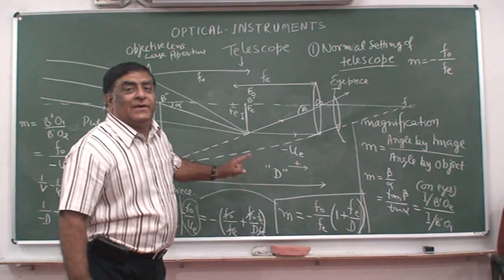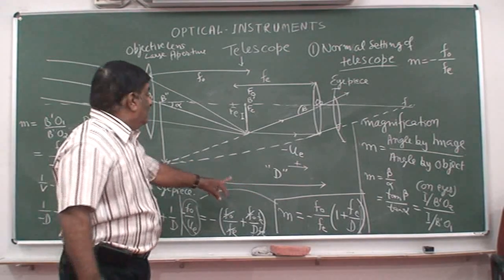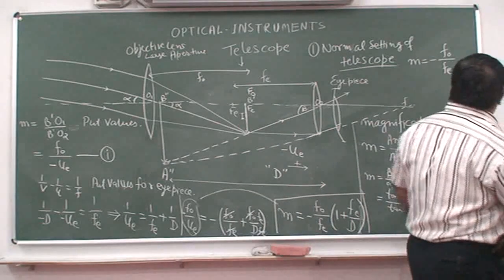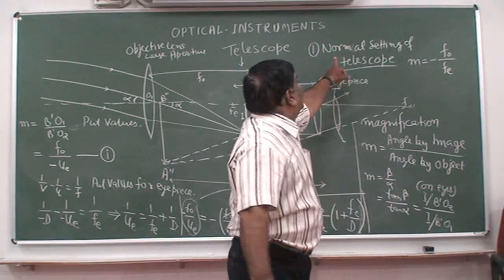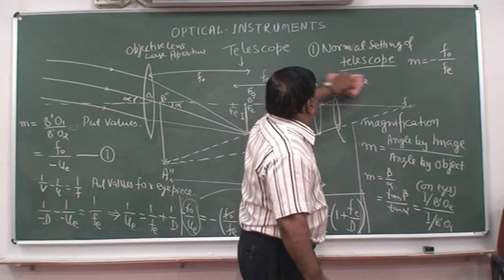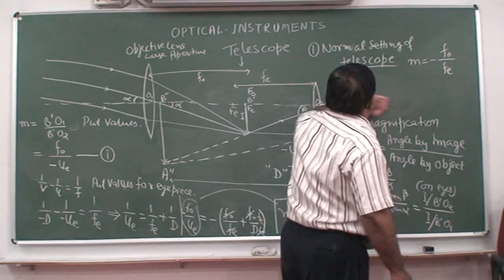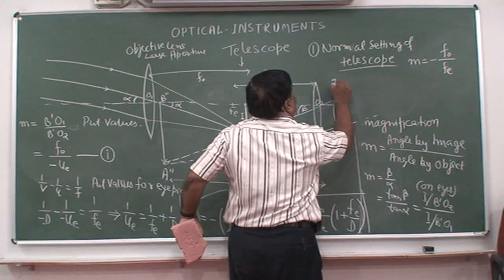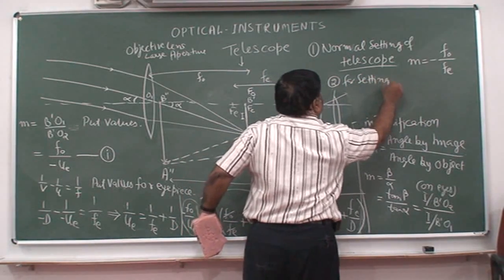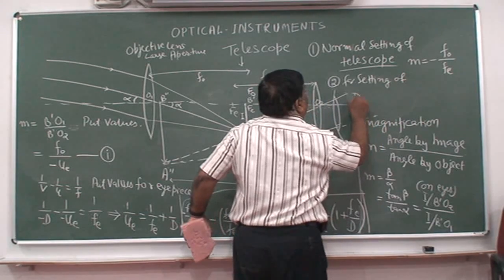In which setting? In the setting of distinct vision. So for the setting of distinct vision, I will write it here. This was normal setting of telescope, and I will write here second for setting of distinct vision.